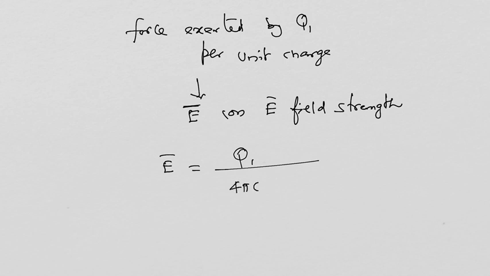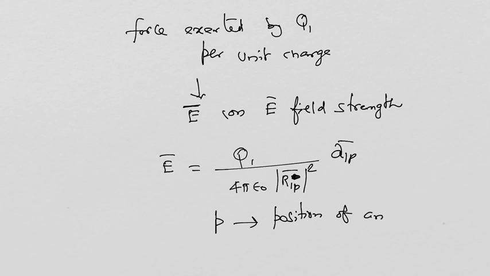Electric field intensity of Q1 is equal to the ratio of Q1 divided by 4 pi epsilon naught R1P squared, if it acts on any other charge which is brought nearer to it. So I should take the square of the magnitude of the distance, R1P, because P indicates the position of any other charge placed around Q1.